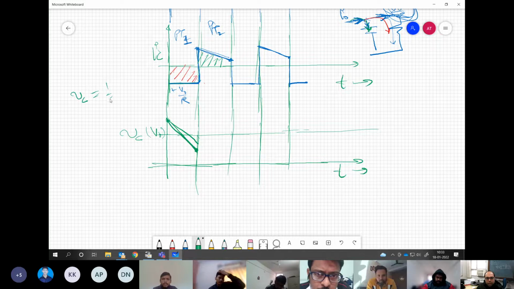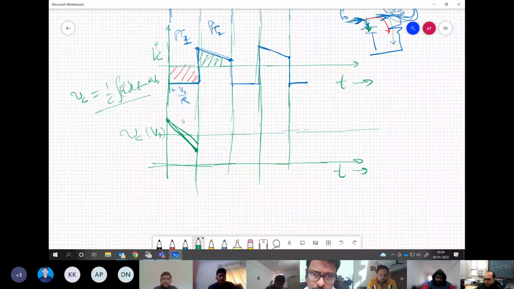So VC is basically, from some initial value, say V naught, it will discharge because this current is negative, and it will come down to some minimum value. Now, during this we have linear shape of current.